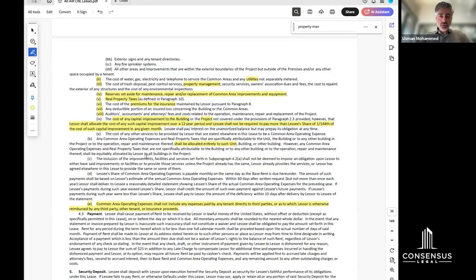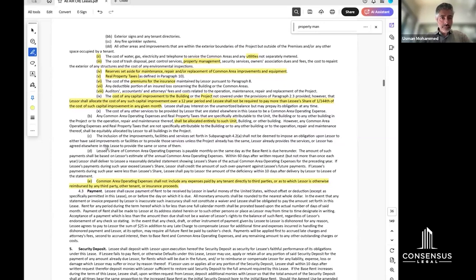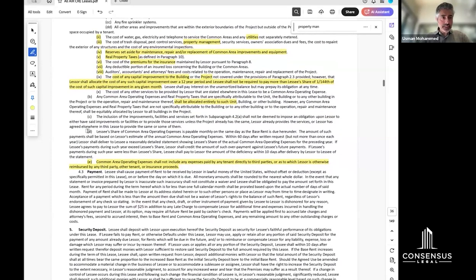Okay, so the mechanics of passing through the expenses are in D. So lessee's share of common area operating expenses is payable monthly on the same day base rent is due. So if base rent is due on the 1st, common area operating expenses are due on the 1st.